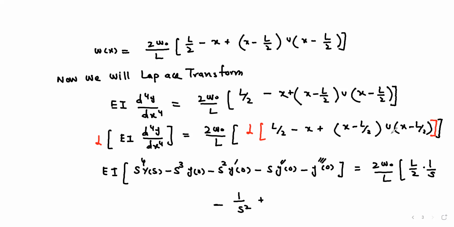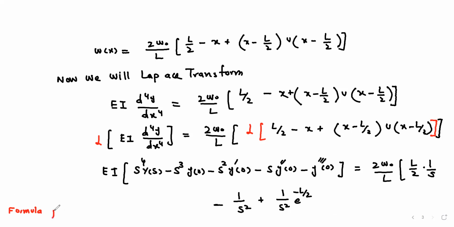You know that if we want to apply the Laplace transform on this type of function, x minus L by 2 and u of x minus L by 2, we will write it in this form: 1 by s square e raised to power minus L by 2 s. Okay, students, I will write here the formula which I use.